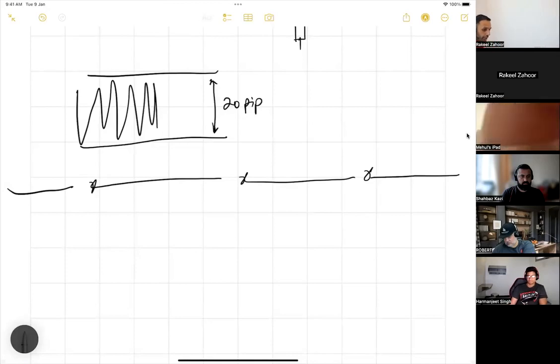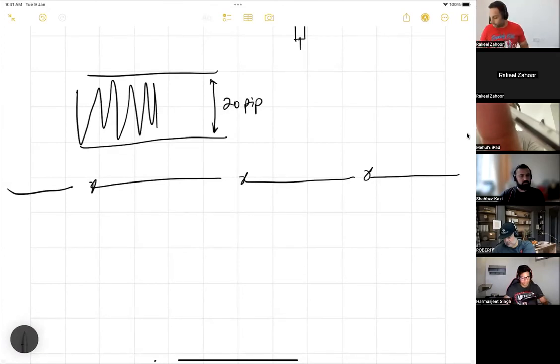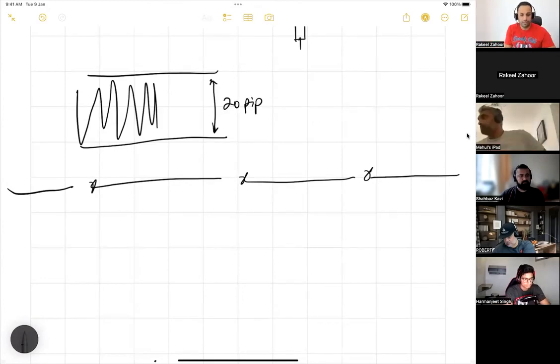Large wicks, trend, bigger than the body, long wick, small body, losing momentum, and small bodies. That's absolutely correct. Small body than previous candles.